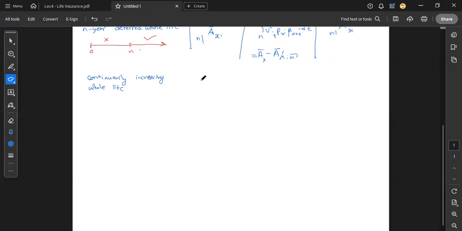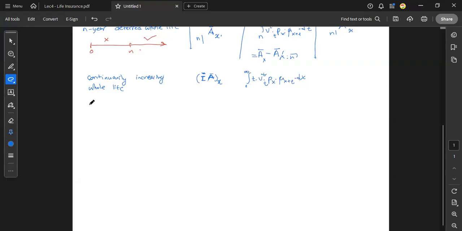That means benefit is paid at the moment of death for a person who is at age x, and the increment is also linear and continuous. The formula goes from 0 to infinity, and t times v^t because of the linearity, and the rest of the function is the same as the level benefit.